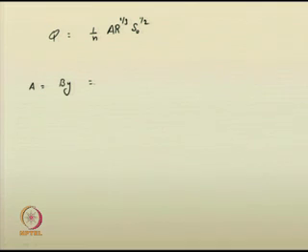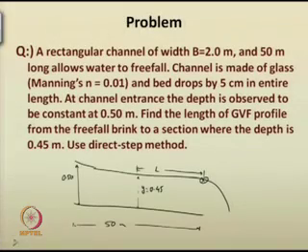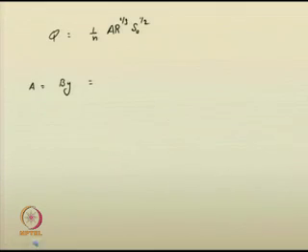You know, discharge Q is equal to 1 by n A R to the power of 2 by 3 S0 to the power of half, A is equal to b y. So, at the channel entrance, this is nothing but 2 into 0.5 is equal to 1 meter square.